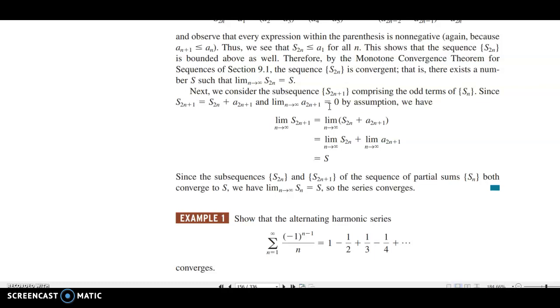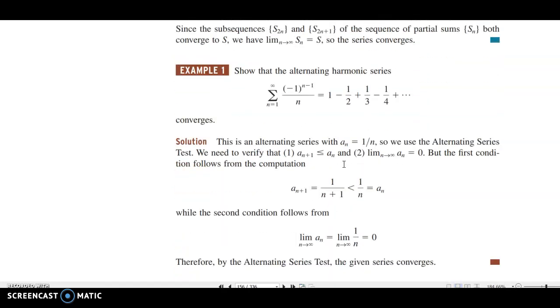Since S_(2n+1) is equal to S_2n plus a_(2n+1), and the limit as n tends to infinity of a_(2n+1) is equal to 0 by the assumption, the limit of S_(2n+1) equals the limit of S_2n plus a_(2n+1), which is equal to S. So S_2n and S_(2n+1) are subsequences whose partial sums both converge to S. So the limit of S_n as n tends to infinity converges to S, and we can say that the series converges.